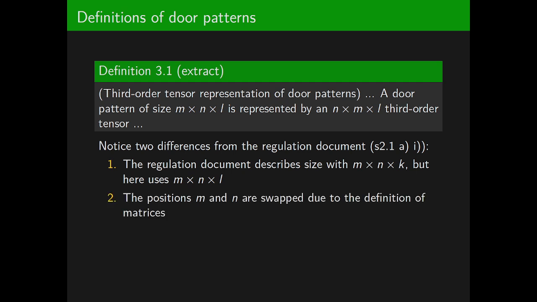The second one is that the positions of m and n are swapped due to the definition of matrices. In door sizes, we say m by n, where m is the length, or I think in the document it says the width, and n is the height.